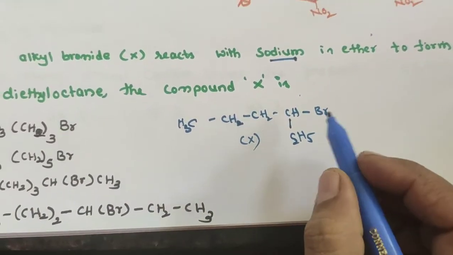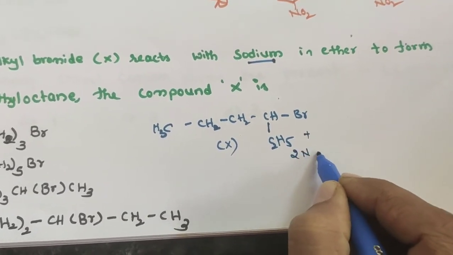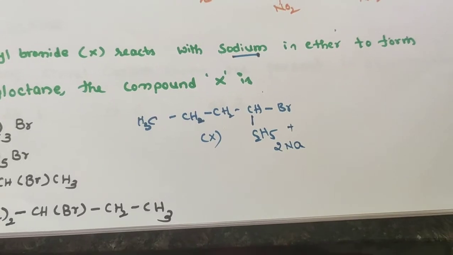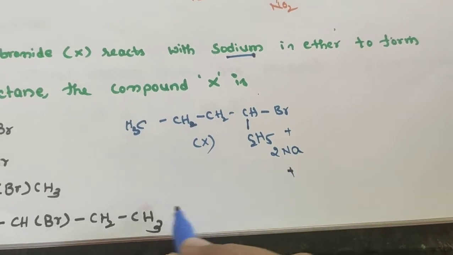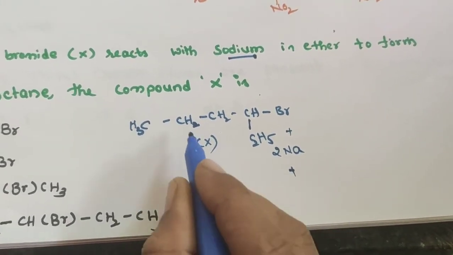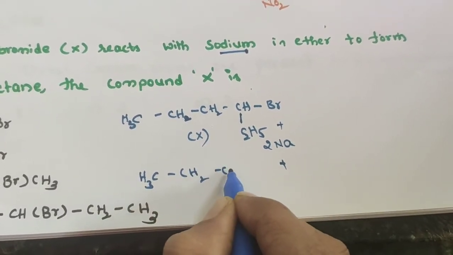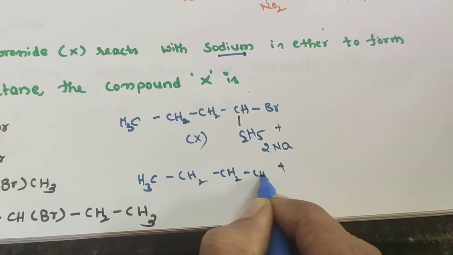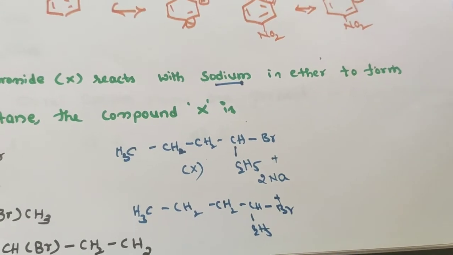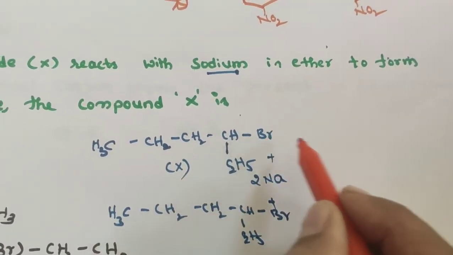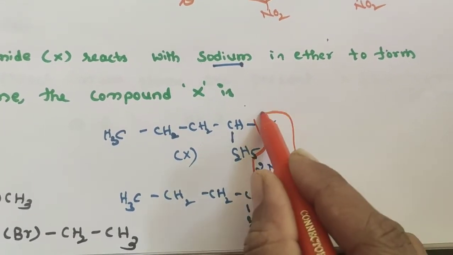How is it? Now you can see, it is treated with 2 molecules of sodium, and again we are going to take 2 molecules of alkyl bromide here, CH3, CH2, CH, C2H5, and here Br. So there is an elimination of sodium bromide.